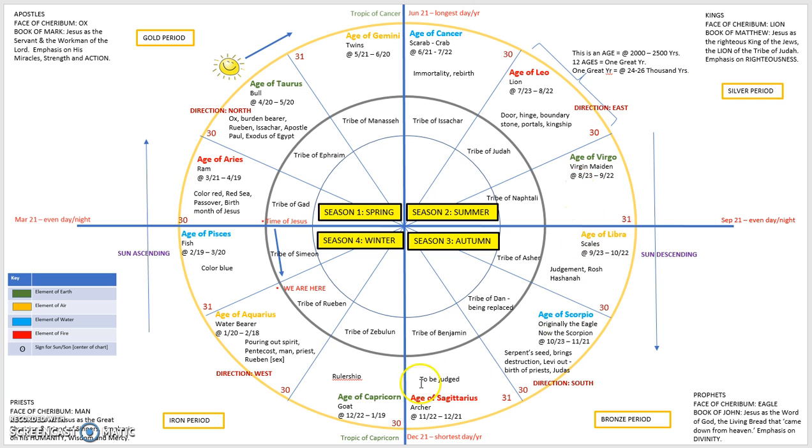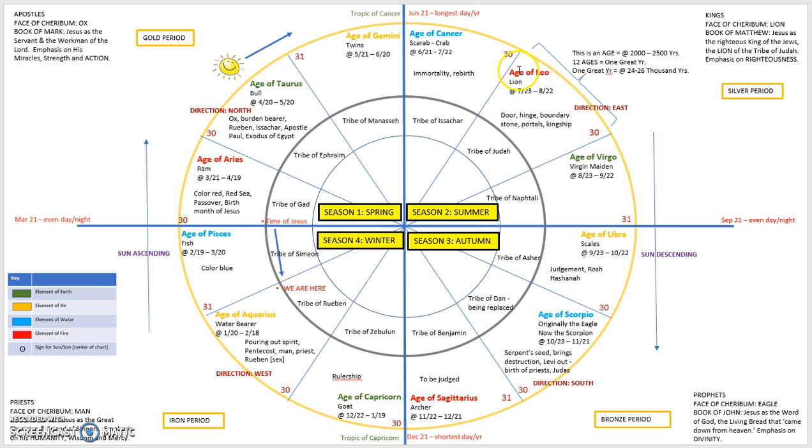Now there are 12 ages in this zodiac, and 12 ages is equal to one great year. And one great year is approximately 24 to 26,000 years. So to go from here to here is approximately 2,000 to 2,500 years.